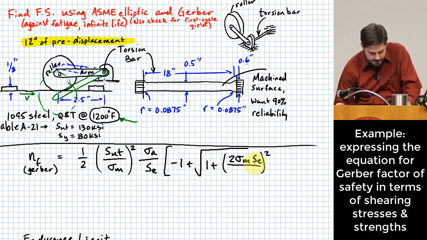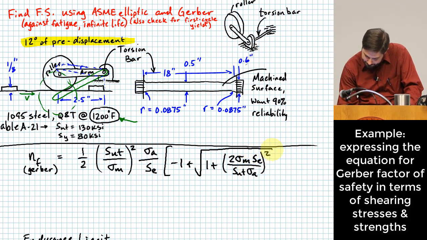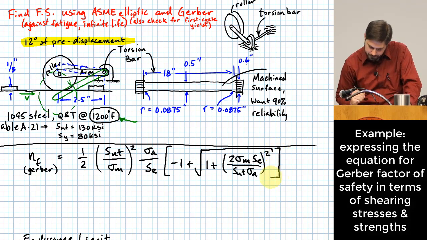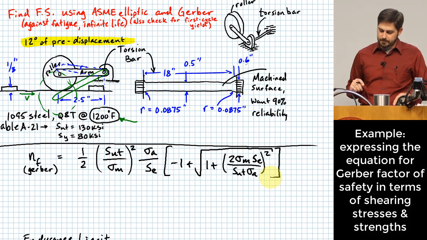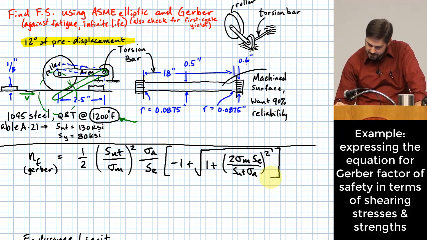All this in the parentheses is squared, and this is divided by S sub ut times alternating stress. Okay, so if you're wondering where that is, that comes out of table 6-7.